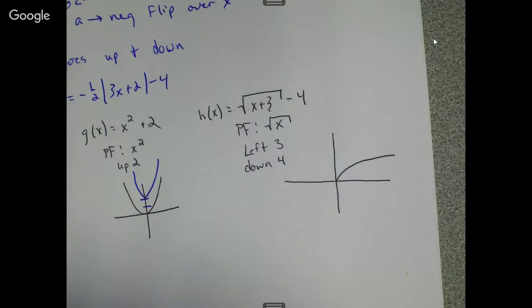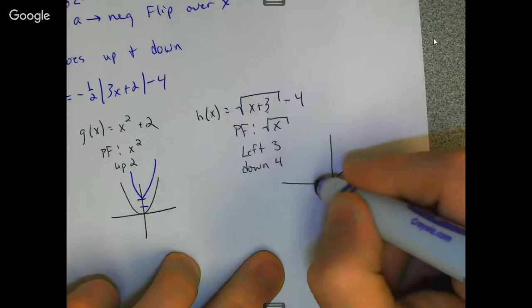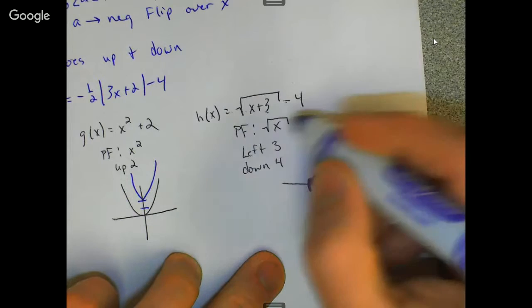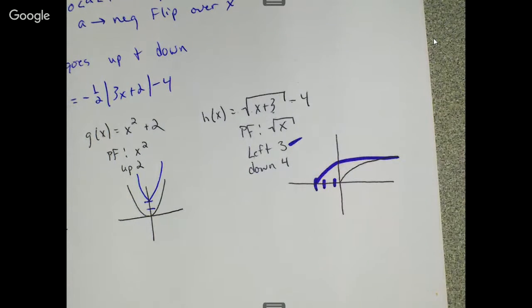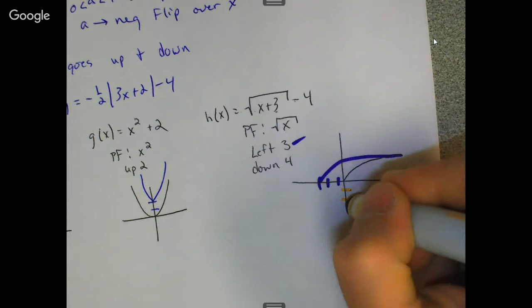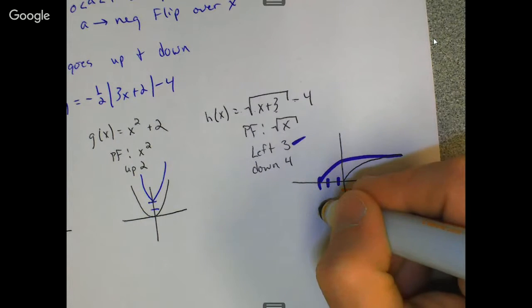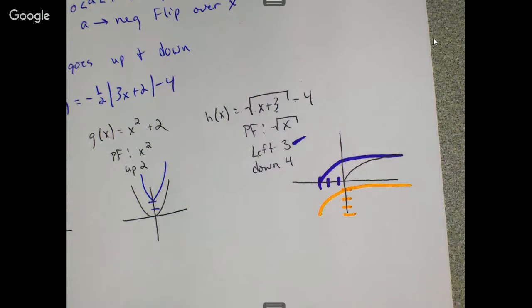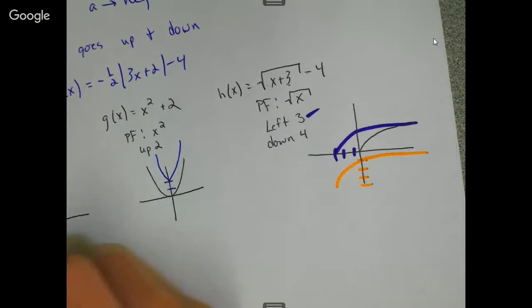We will go left 3, which would leave us at something about like that, and then we can go down 4, which would leave us about something like that, maybe. I want a general graph here so that I can find domain and range. That's what we're really going to look for on these types of problems.